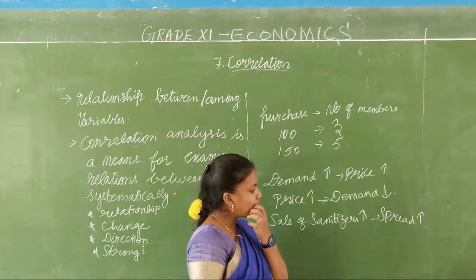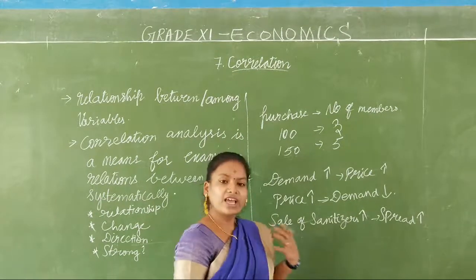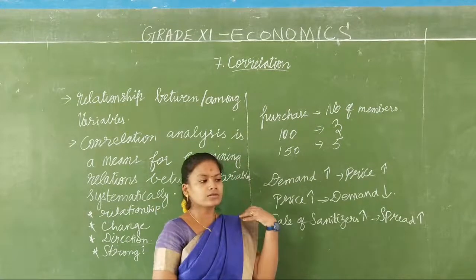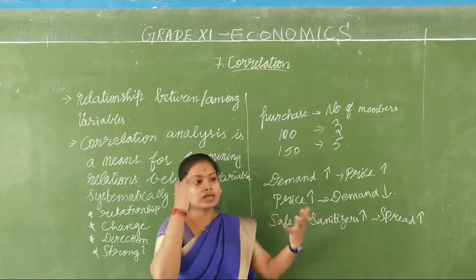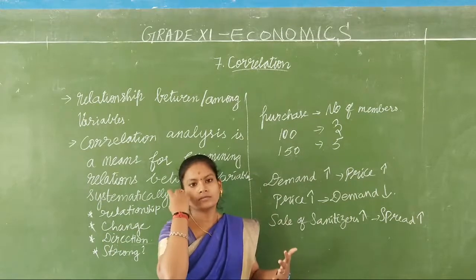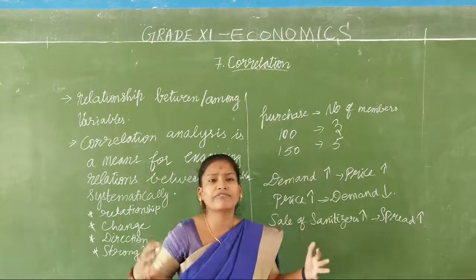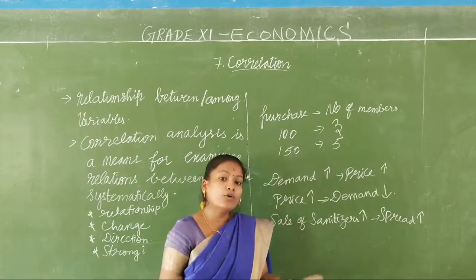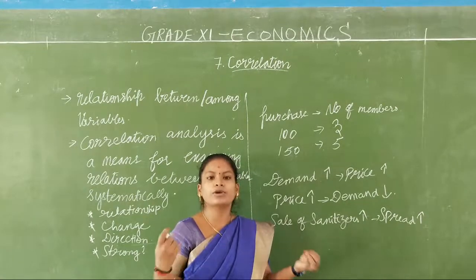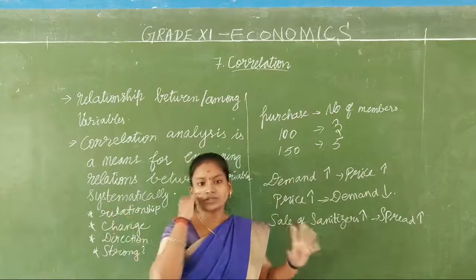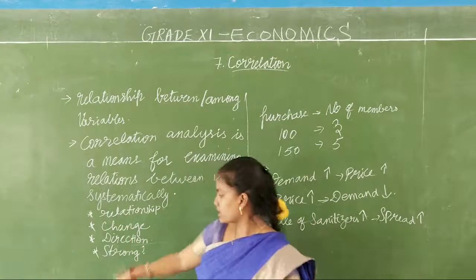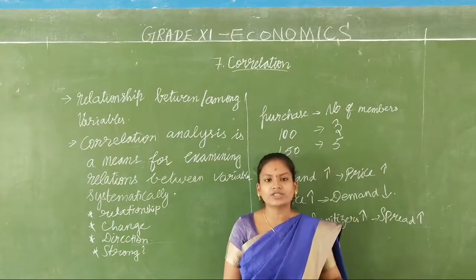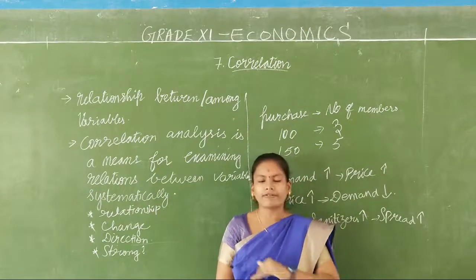For example, when you say that the sale of sweets has increased because of the climatic change. Sometimes there will be some weird connections, like saying that the sale of cool drinks has increased because of the climatic condition. So you decide the direction and you decide the strength of the relationship.